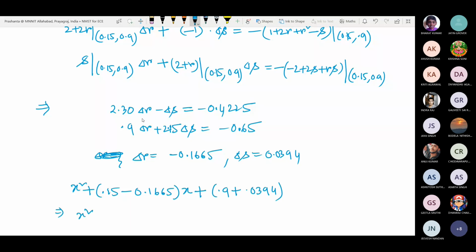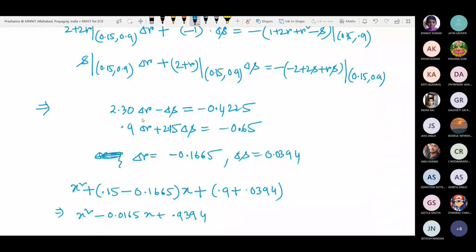So that will give you x square minus 0.0165 times x plus 0.9394. And what is the exact factor?